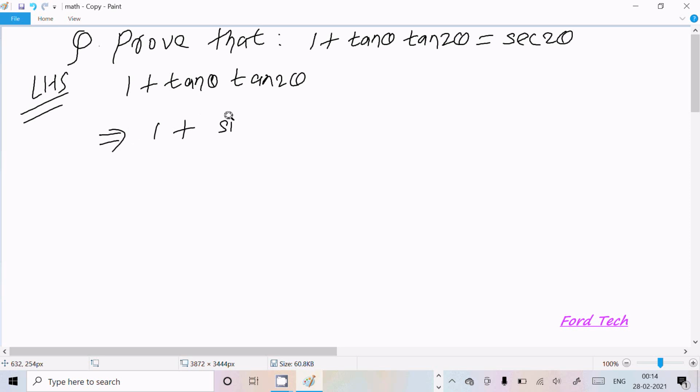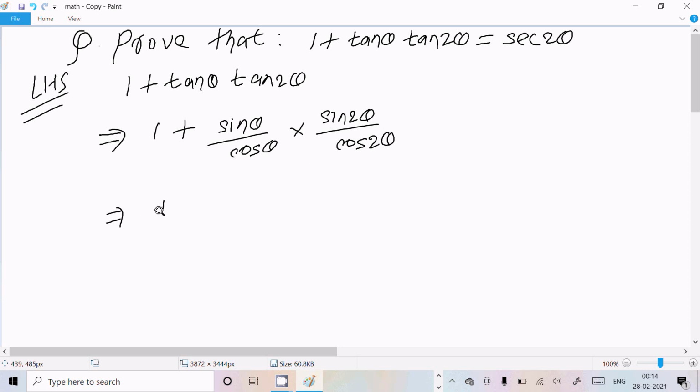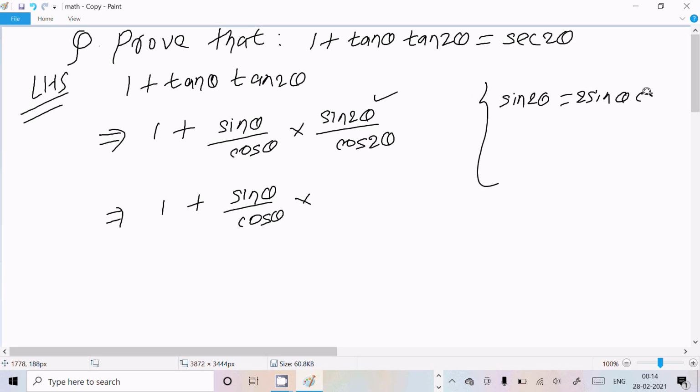So we can write sine theta divided by cos theta, and here sine 2 theta divided by cos 2 theta. Now hereafter we can also write sine theta divided by cos theta, and we already know the sine 2 theta formula, 2 sine theta into cos theta, and for cos 2 theta we can write cos square theta minus sine square theta.